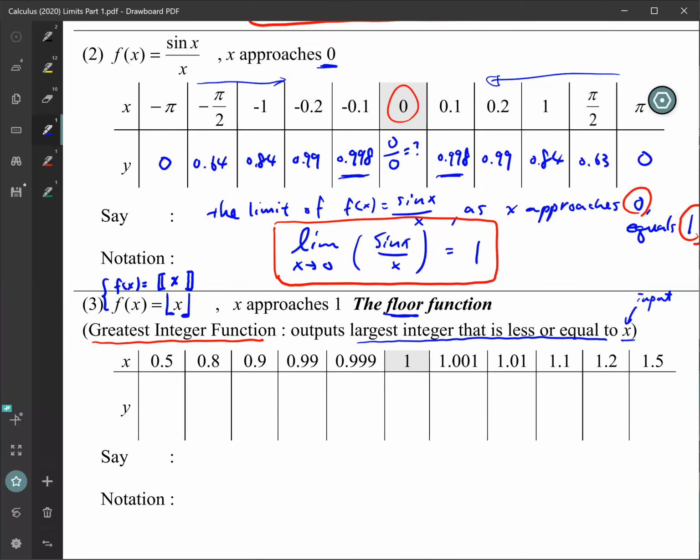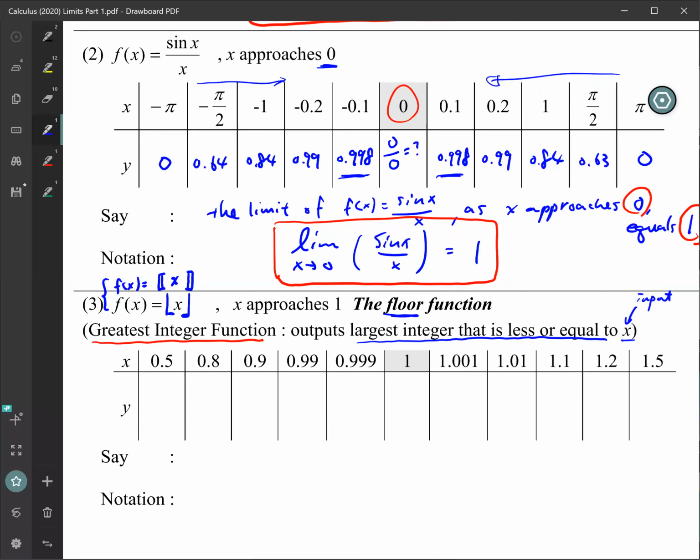Try to read this sentence a couple of times. The function gives you the largest integer smaller or equal to whatever you plug in. You can think of largest as the closest.